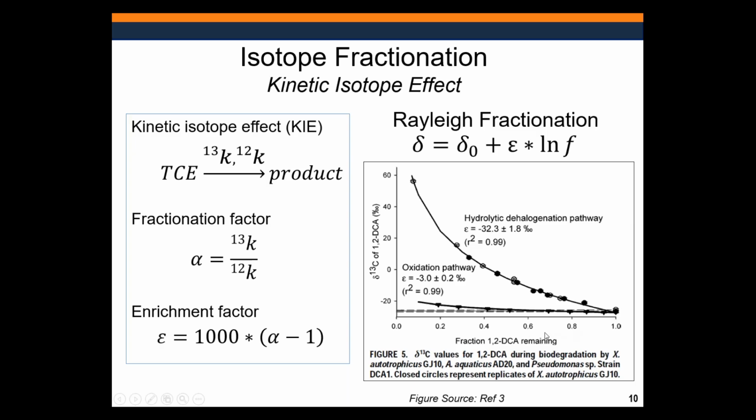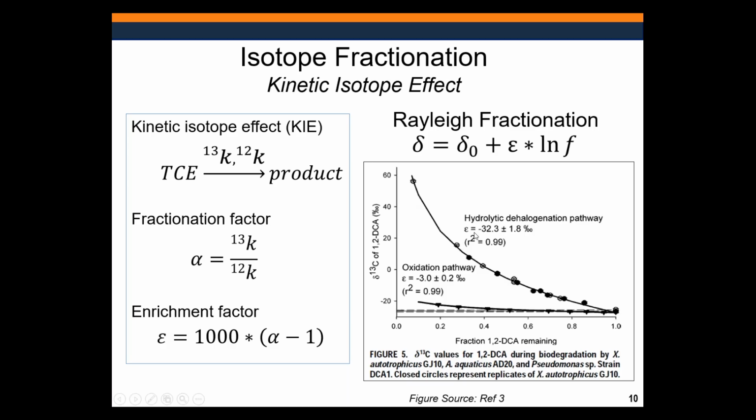The fraction is getting smaller and smaller as a function of time. And here we have our delta C13 value for DCA. We see in this process, a biological degradation, dehalogenation pathway, isotopically we're getting heavier and heavier as the fraction of the compound gets smaller and smaller. So it's degrading as a function of time.